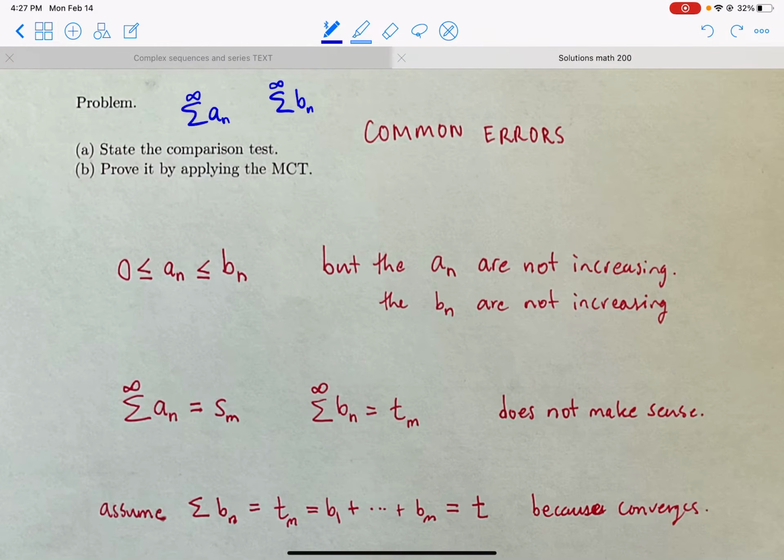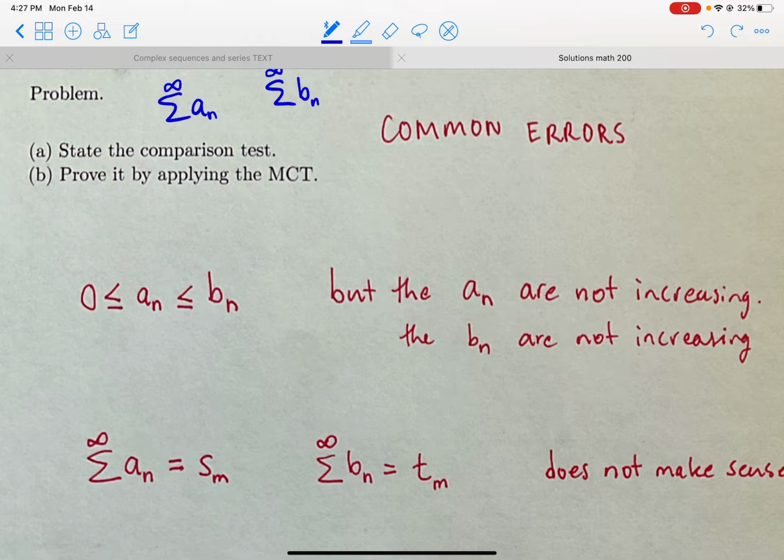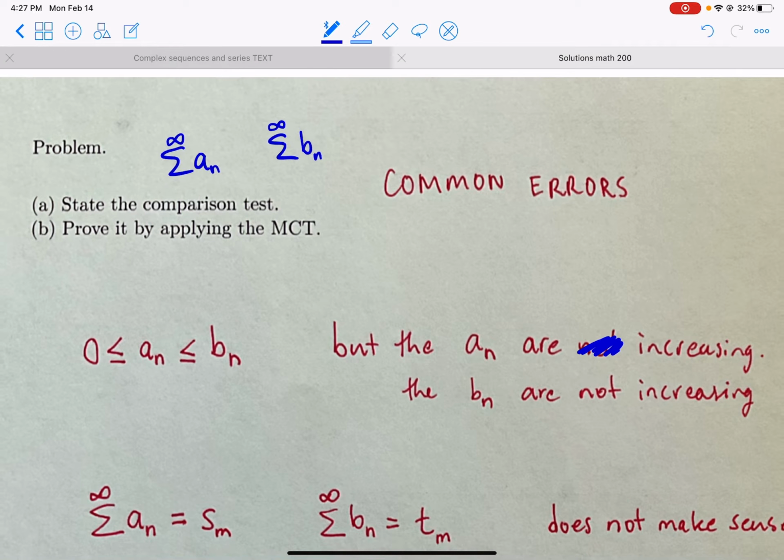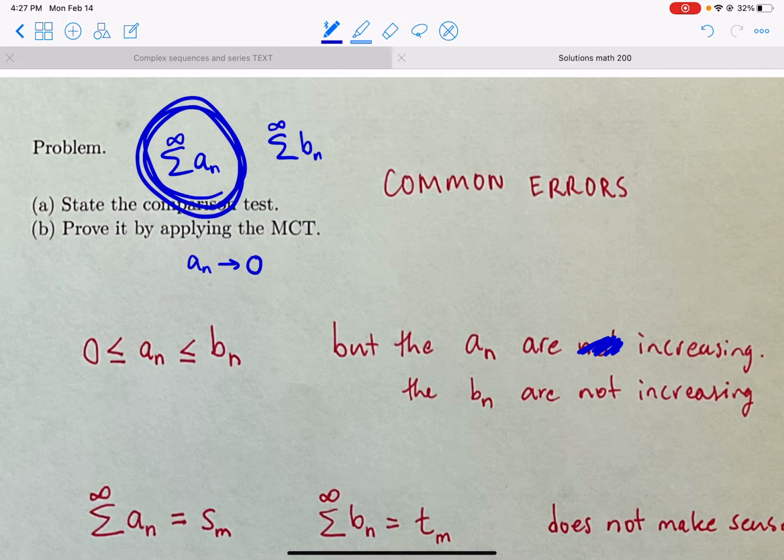So in particular, I think somebody had said that the a sub n are increasing. That would be wrong. In fact, if this infinite sum exists, then the divergence test says that the a sub n have to converge to 0. They have to go to 0 for us to even have a chance of getting a finite number, the sum of the infinite series.